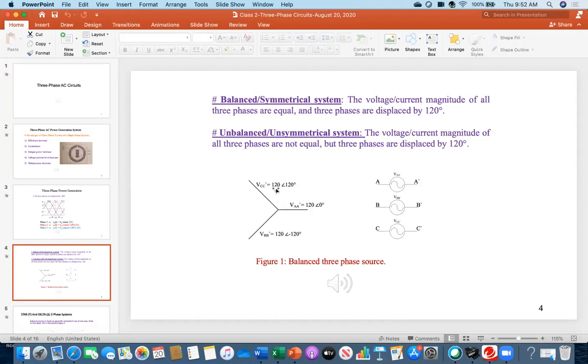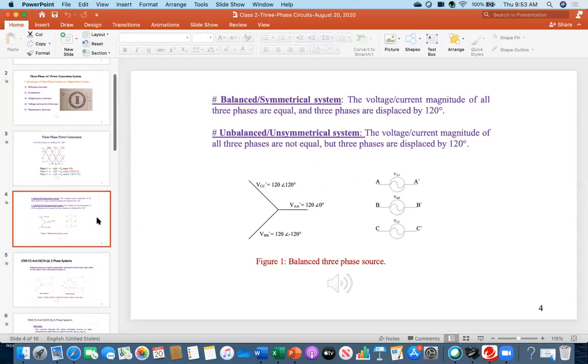Or for example, if there is a voltage difference between this one and this one, then there would be circulating current flow. And if there is any circulating current flow, that will cause some loss and voltage drop in the system. Gradually the system will become ineffective and inefficient. So we'll be discussing these things later. Just keep in mind that an unbalanced system is not desired.